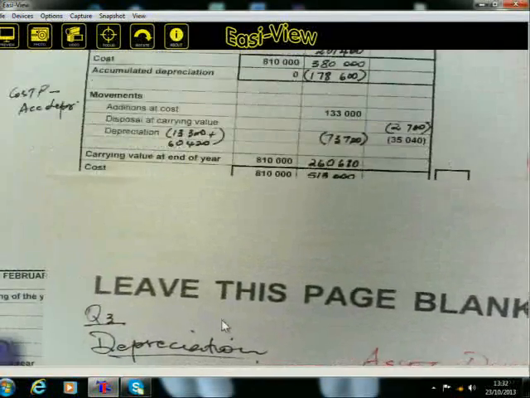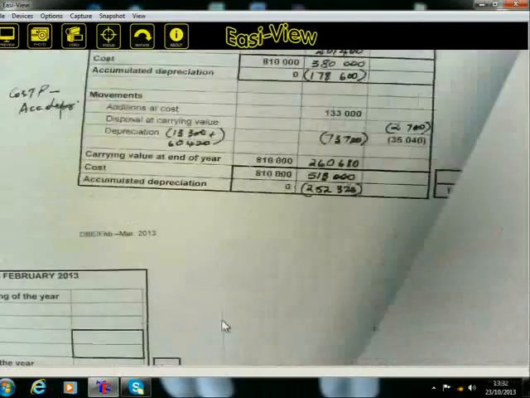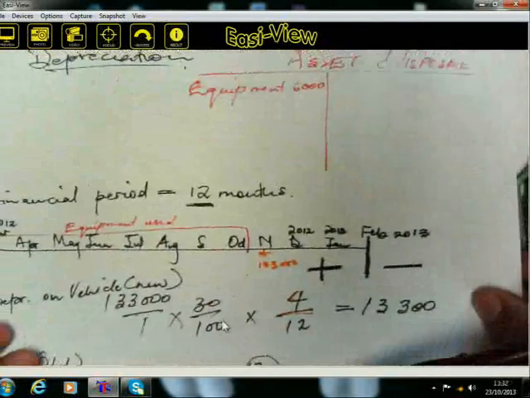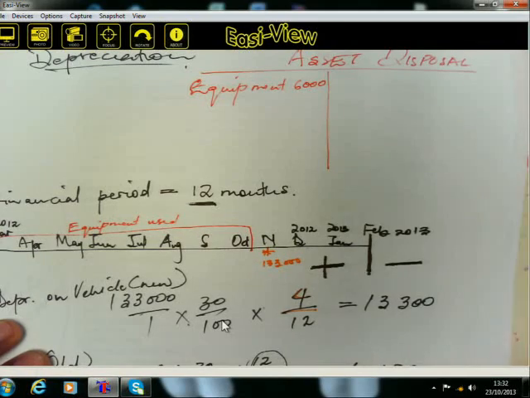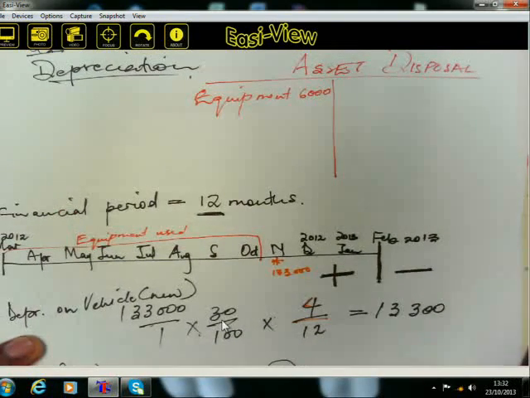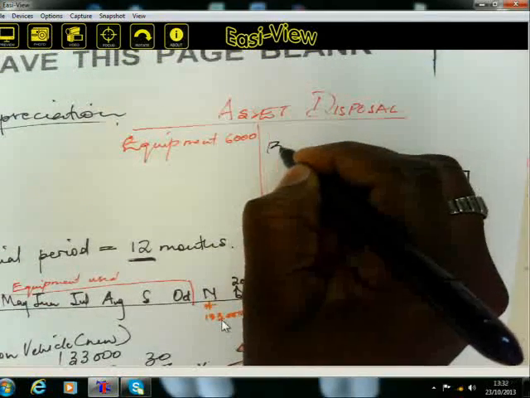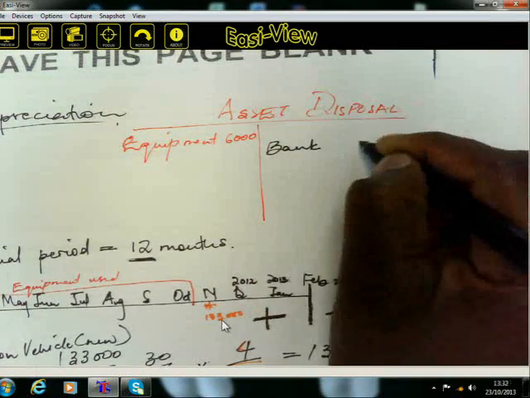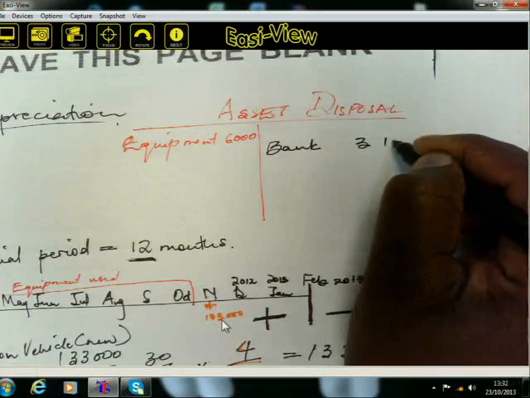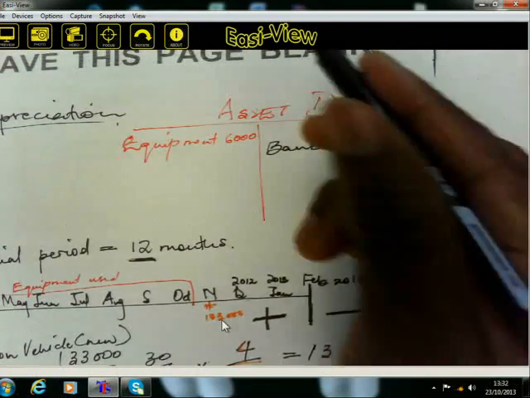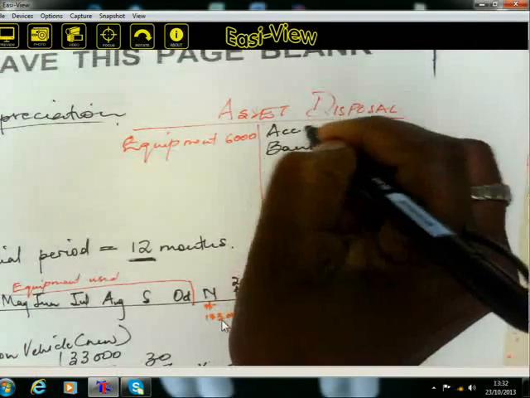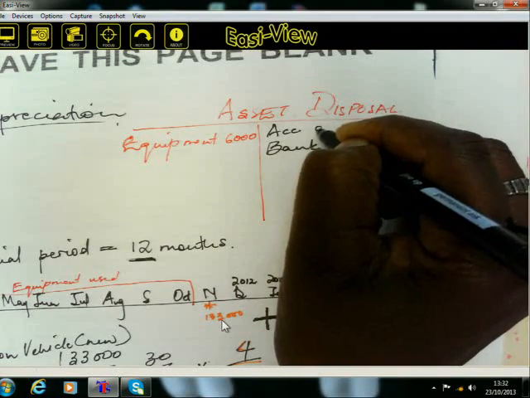The information that we are given is that it was sold for cash. So if it was sold for cash, we say in the bank we have received 3,100. Then we have the accumulated depreciation.